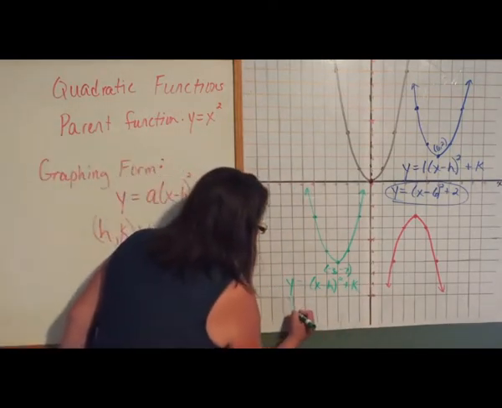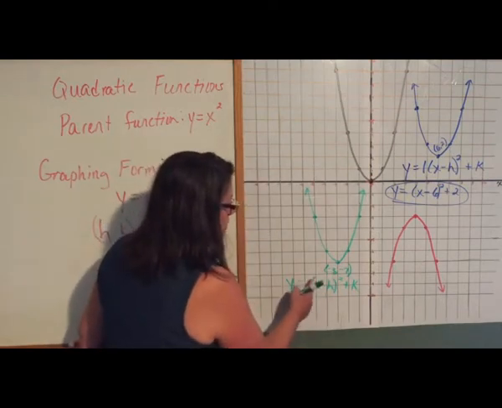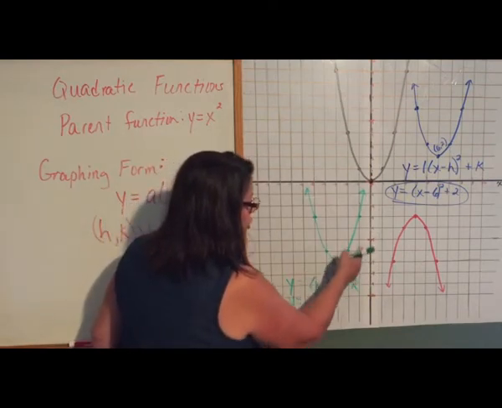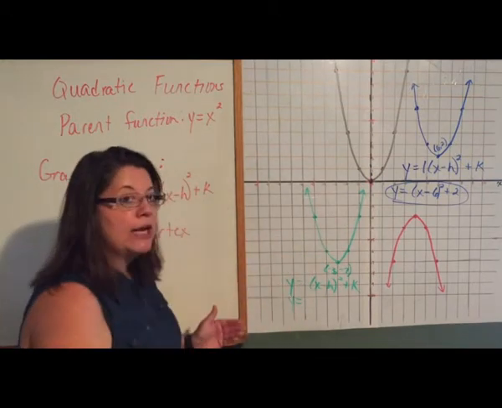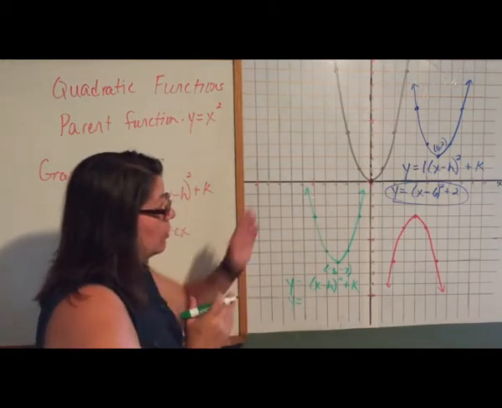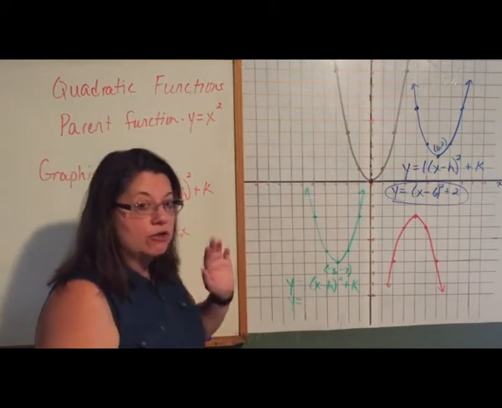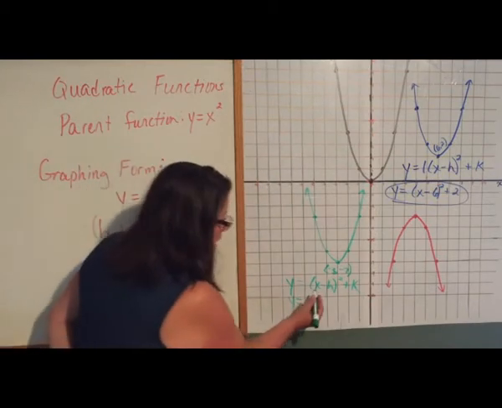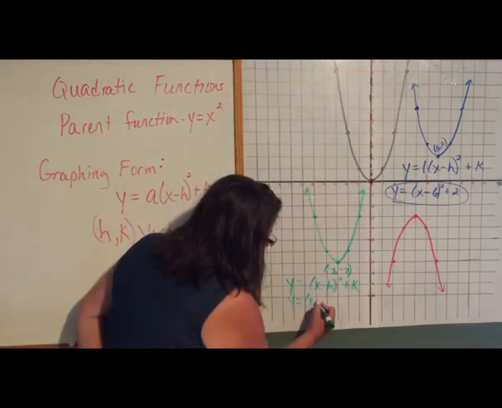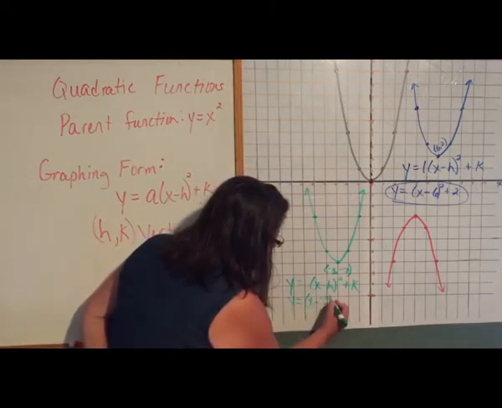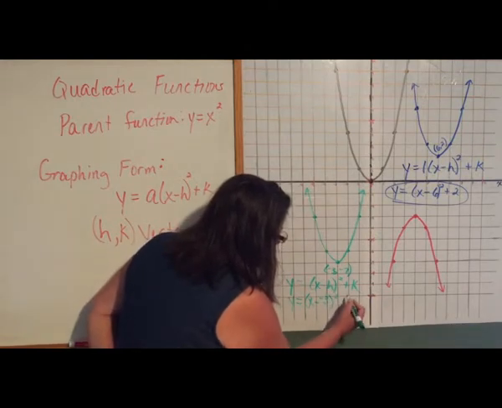So y equals, now I know a is 1 because remember we went right 1 up 1, right 2 up 4. That it's got the right pattern. It's not any wider or any narrower than what we started with in the parent function. We'll address those in a few minutes. All right, so here, h in this one is -3. So I'm going to plug in x minus -3 squared plus k.